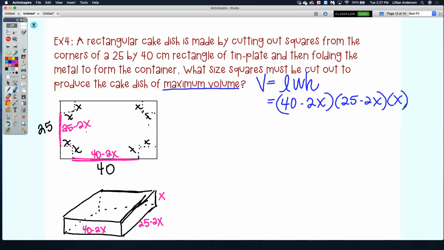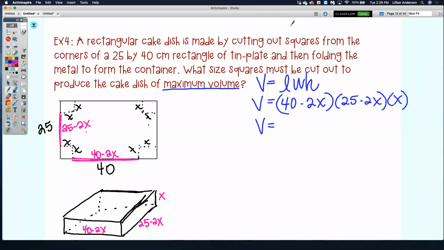And of course, I probably want to go ahead and multiply this out, so that way I actually have my equation written as a polynomial, not necessarily as factors. So go ahead and multiply this out, the whole thing, and let's see what our equation is, because this is step 2, the most important step. So what's my volume equation?